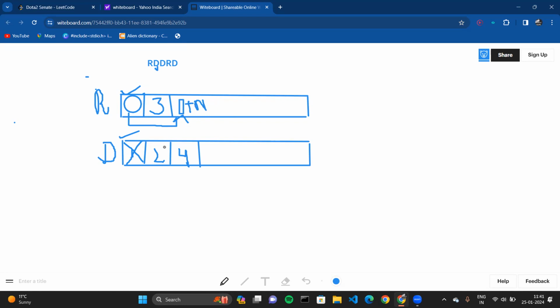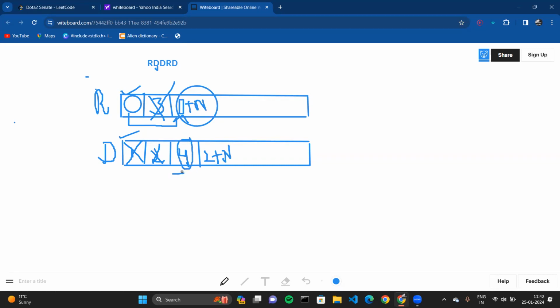Now we will compare 3 and 2. 2 is smaller, so 3 will be popped and 2 will be popped and added with n. Then we will encounter the 0 plus n and 4.